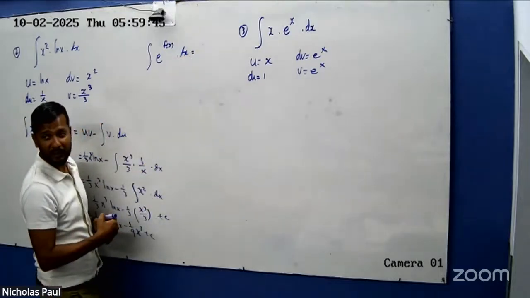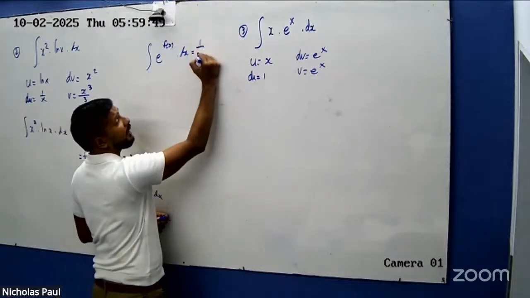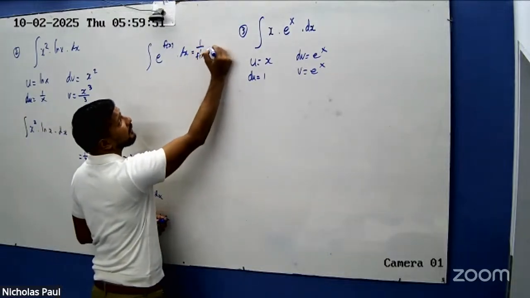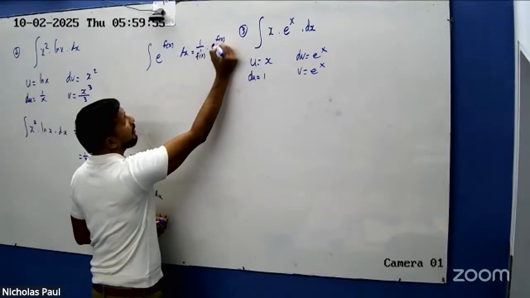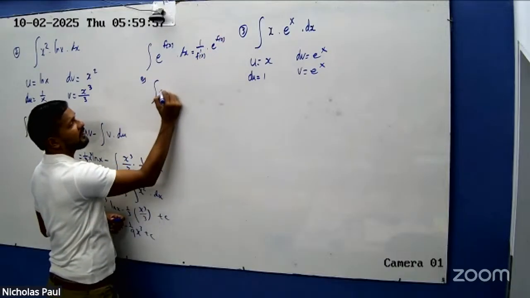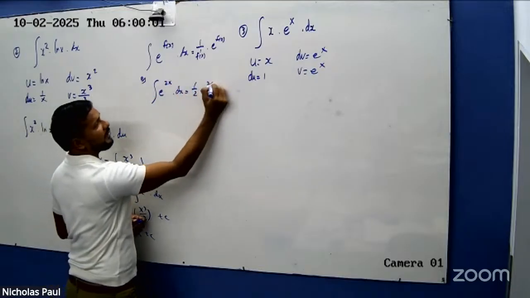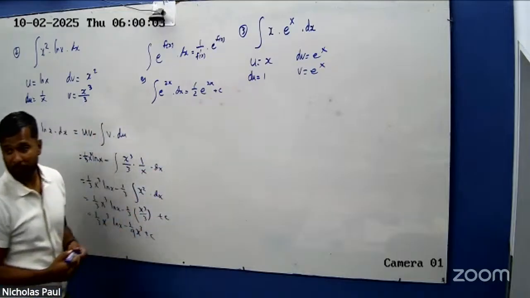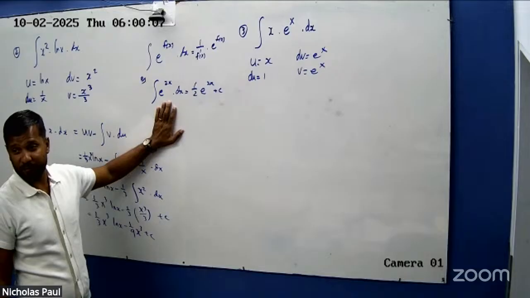It's e to the f of x times 1 over f prime of x. So for example, if you have to integrate e to the 2x, it's 1 over 2 e to the 2x. You've got to remember how to differentiate this.